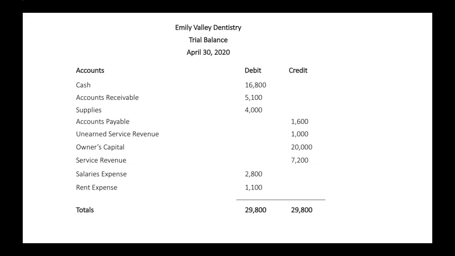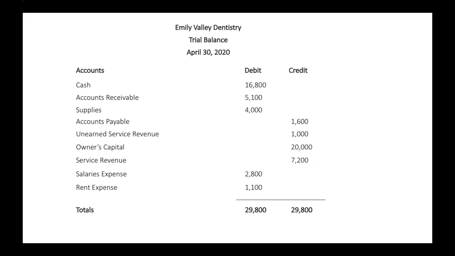Now, I want to go over a few things just in case your debits and credits don't equal, right? The first step is I would want you just to re-add up your debits and credits. The vast majority of the time, you just probably plugged in a number wrong into a calculator.